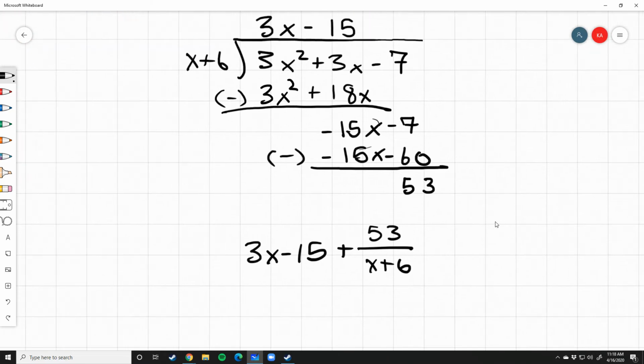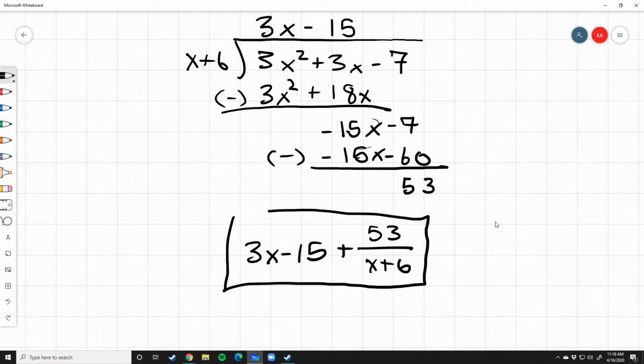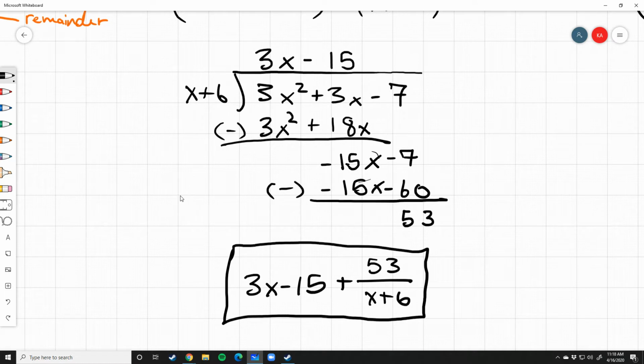Okay, and we're done. And we know that if you now take 3x minus 15 and you multiply it by x plus 6, then add 53 over x plus 6, you'll end up with the stuff in the house over here, the dividend.